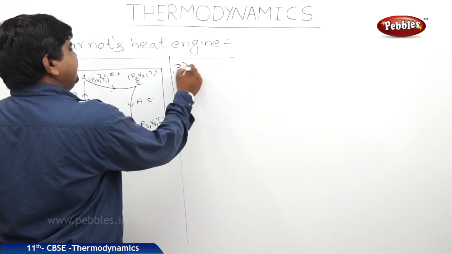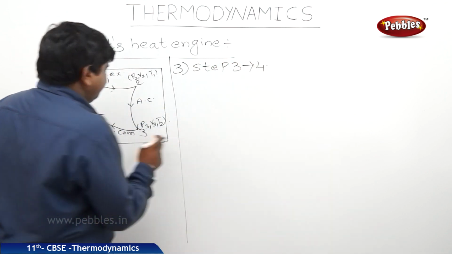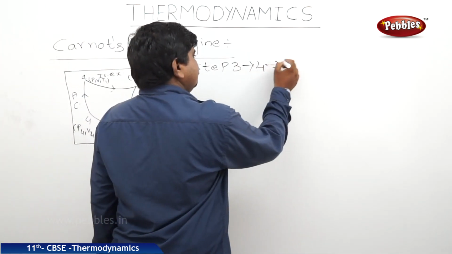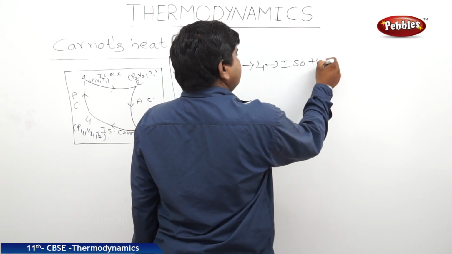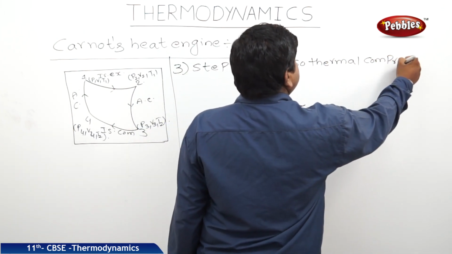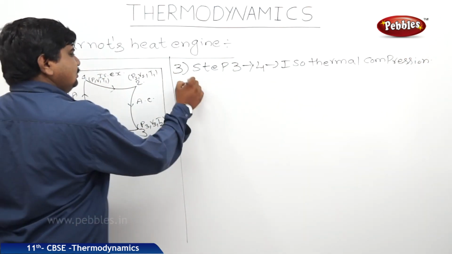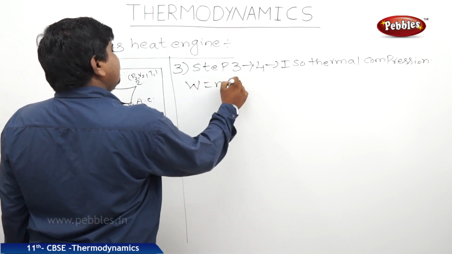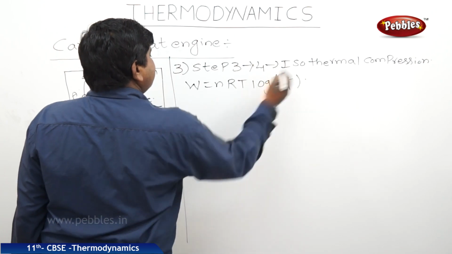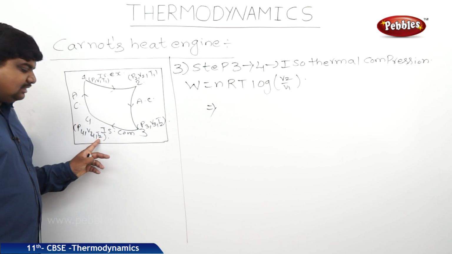The third step is step 3 to 4. If you see this step 3 to 4, it is isothermal compression. In the case of this isothermal compression, the work done, the general formula, is nRT log V2 by V1. But the temperature remains at T2.